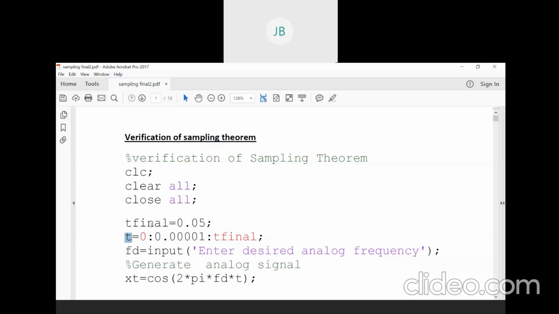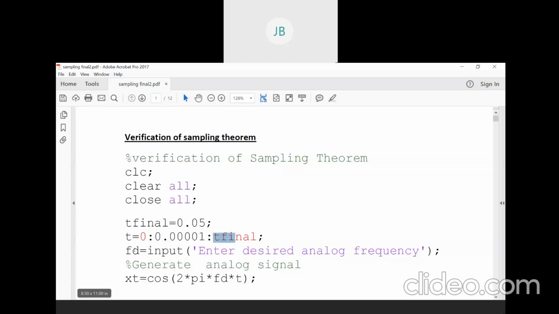So the time will vary from 0 to 0.05, which is defined by t final, with an increment of 0.0001. So along the time axis, we have variation starting from 0, 0.0001, 0.0002, and so on until t final.